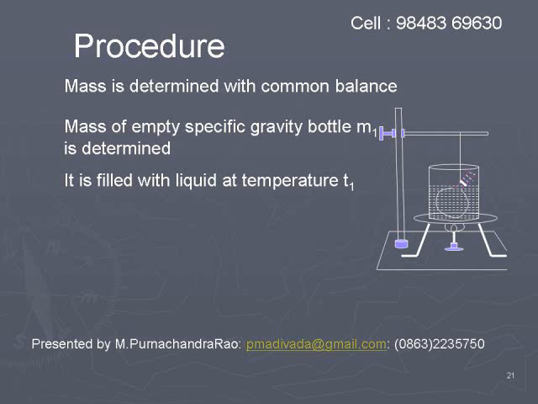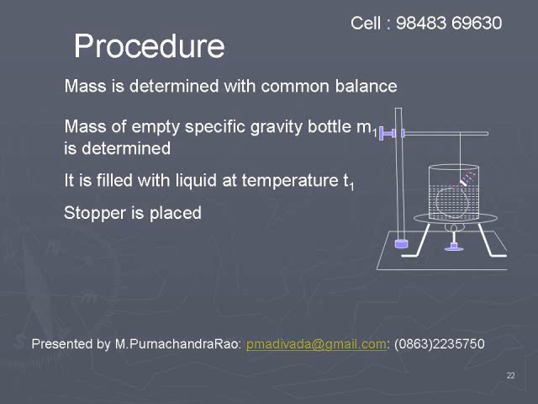Then we take a liquid at a temperature T1, and the liquid is taken into the specific gravity bottle. The bottle is completely filled with the liquid. Before filling the bottle, we note the temperature of the liquid. Say it is T1, the initial temperature of the liquid.